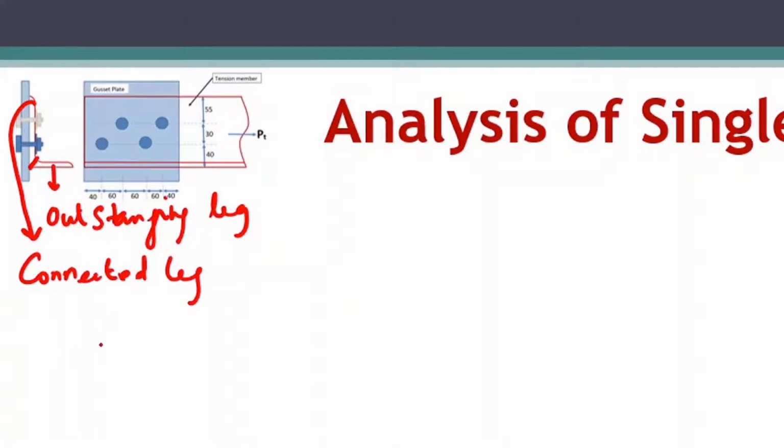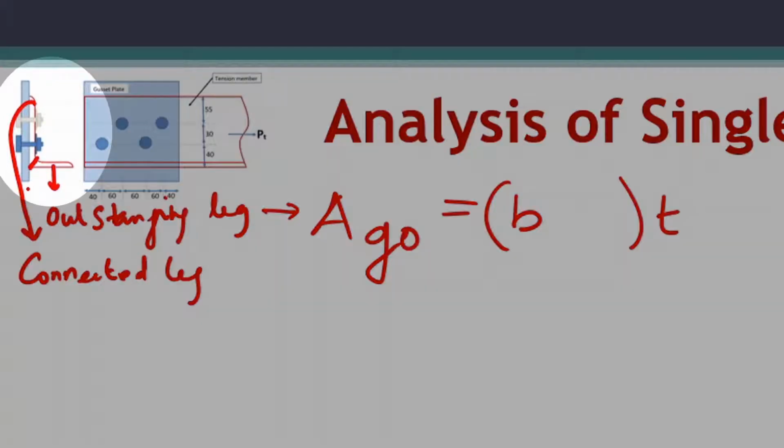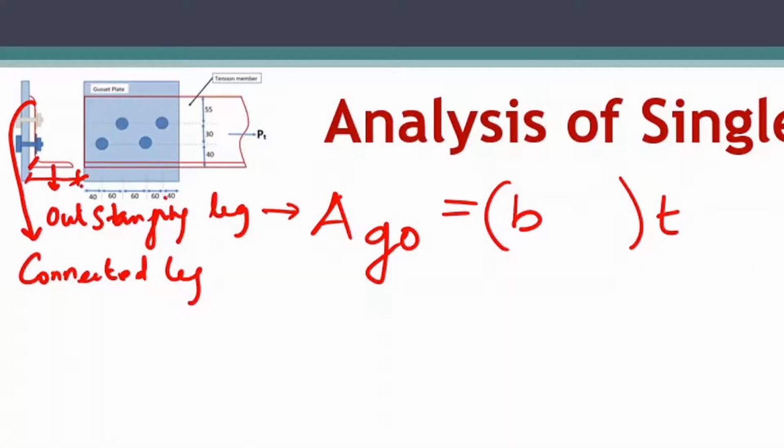So let's first calculate the gross area of the outstanding leg. What is the gross area? Simply width into thickness, whatever the width of this leg is, into thickness.